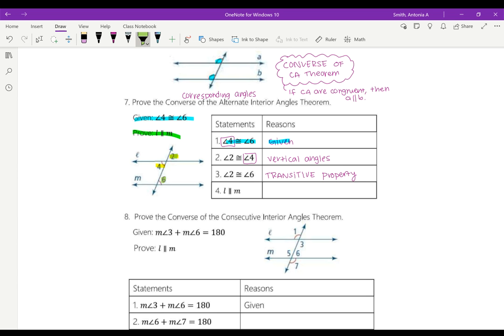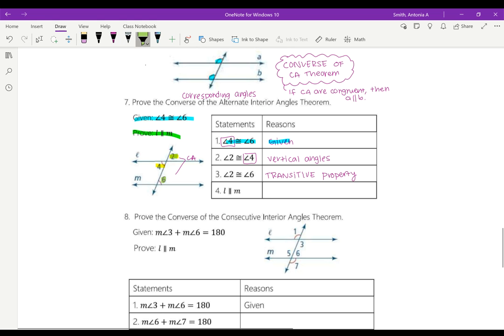So I know that these two angles are congruent because it says so in statement number 3. I know that these are corresponding angles. So if corresponding angles are congruent, then what do we know is true? Well, if you look back up at problem number 6, the converse of that theorem says if corresponding angles are congruent, then A and B are parallel.